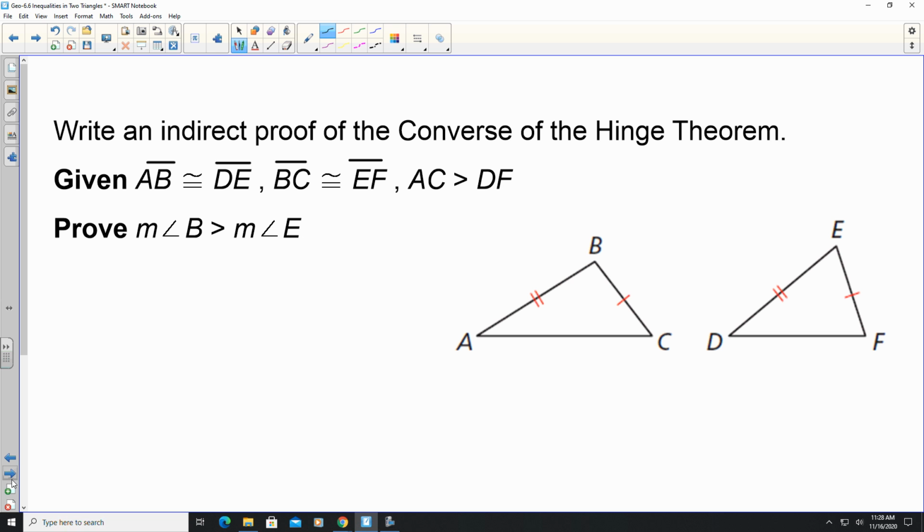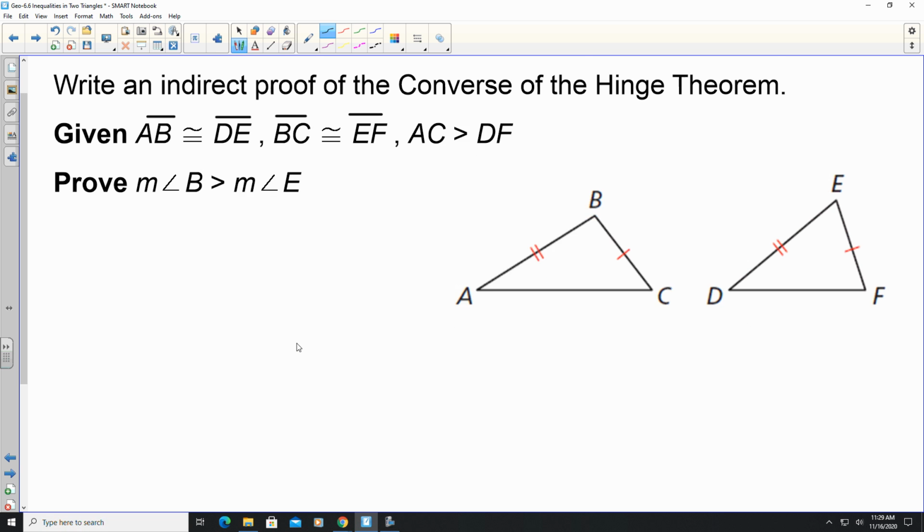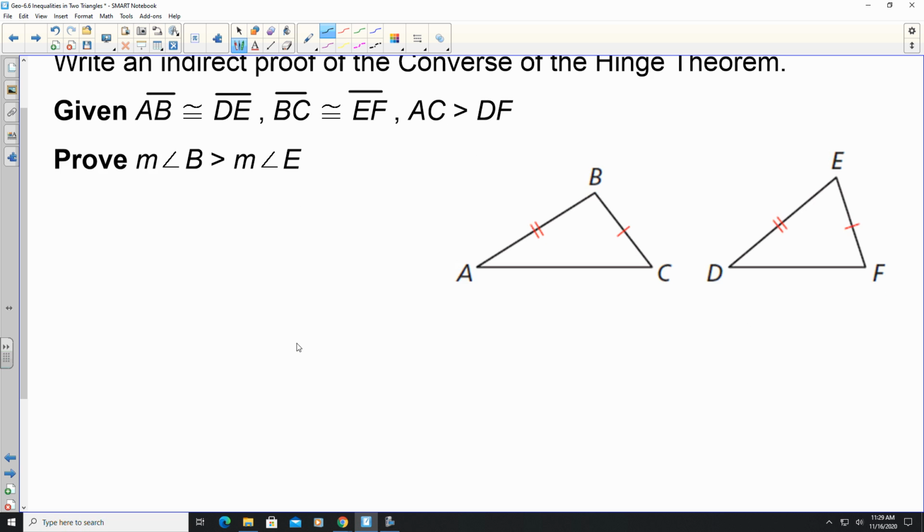And then finally here, they want us to write an indirect proof of the converse of the Hinge theorem. So since they give us AB is congruent to DE and BC is congruent to EF, they're also telling us that AC is greater than DF.